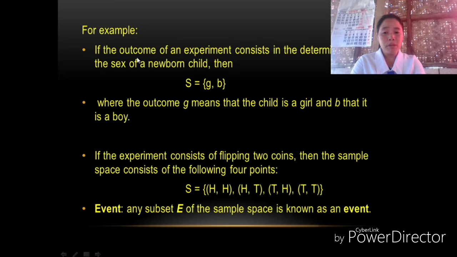If the experiment consists of flipping two coins, then the sample space consists of the following 4 points. Event: any subset A of the sample space is known as an event.